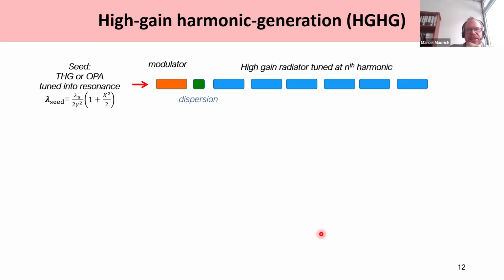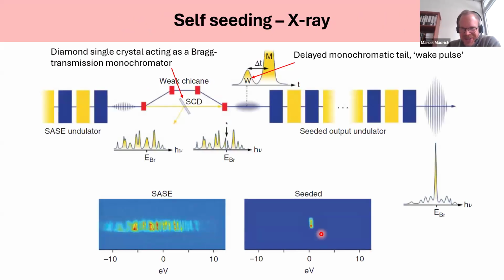Okay, there's actually another way to do this seeded lasing. So far we have talked about self-seeding, because it's essentially the whole FEL itself which is used for seeding the lasing process.